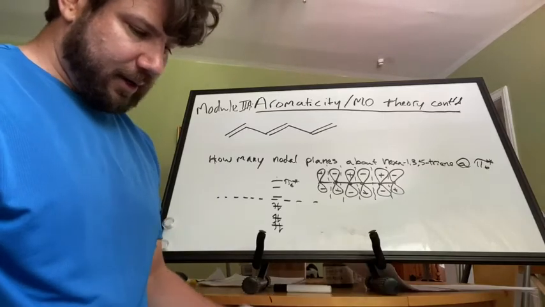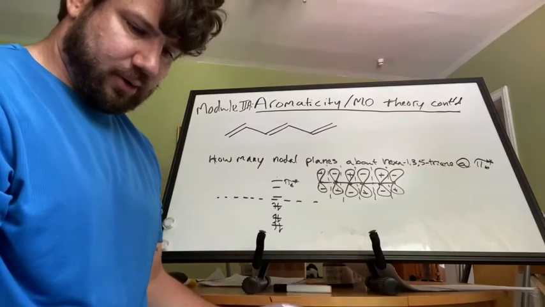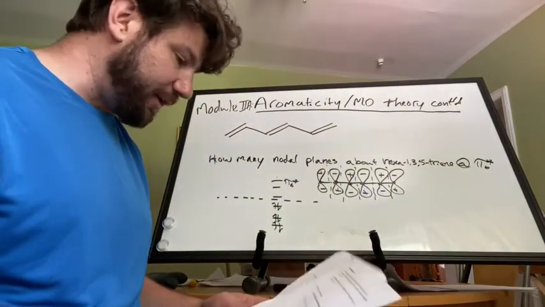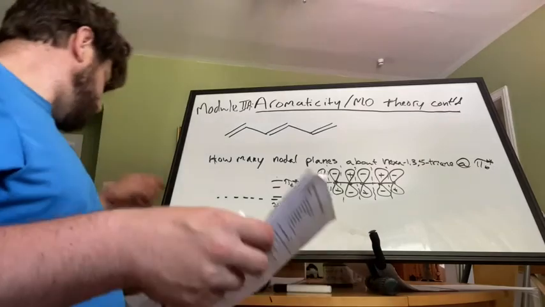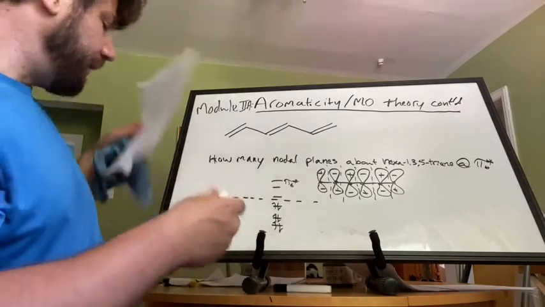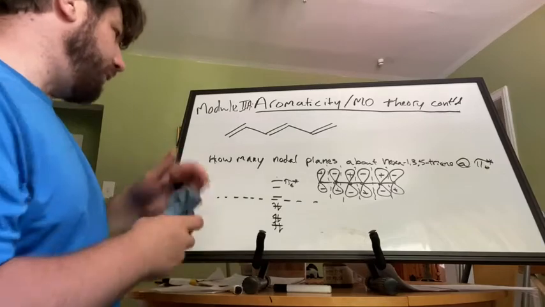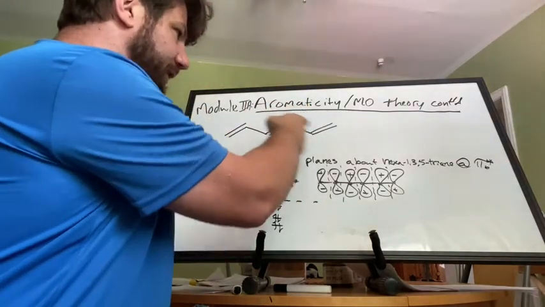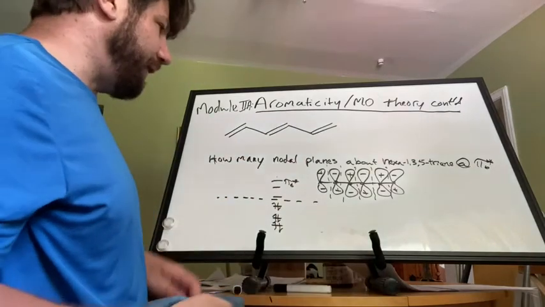All right. On to some easier, sort of less conceptually demanding material here. Identifying pi systems. So, each double bond that I've considered here is going to be 2 pi electrons.